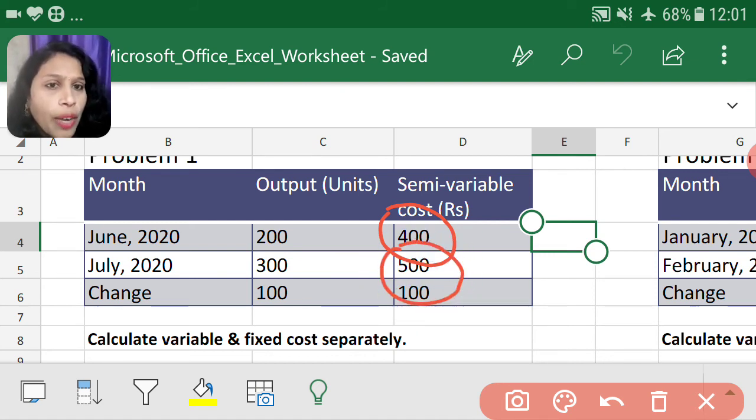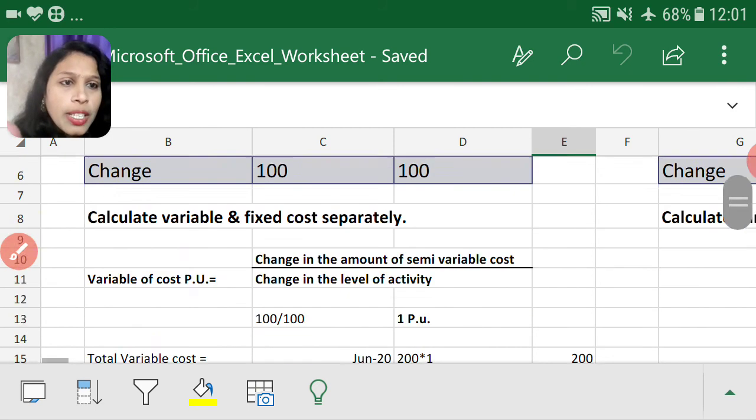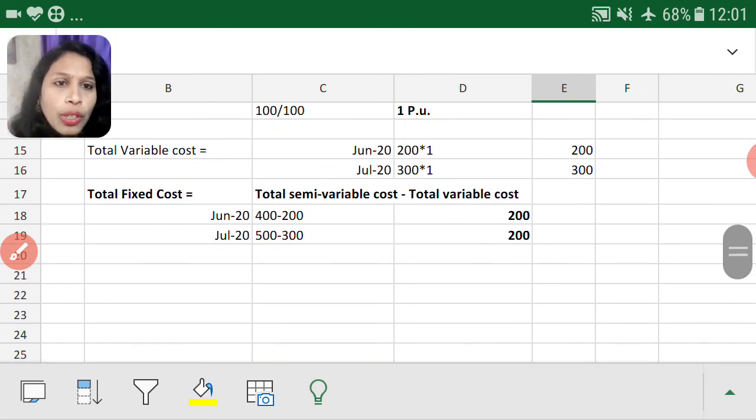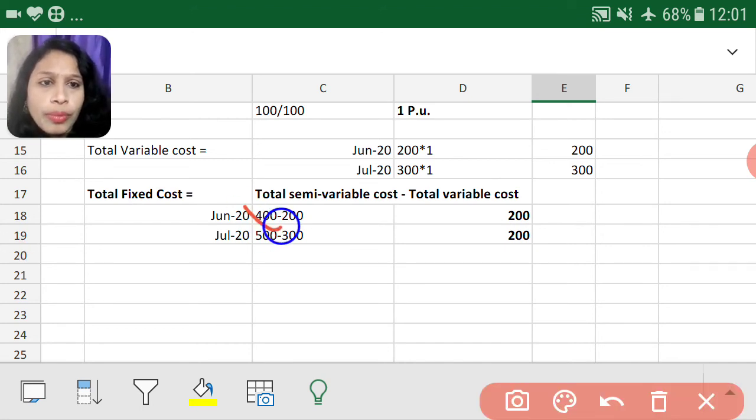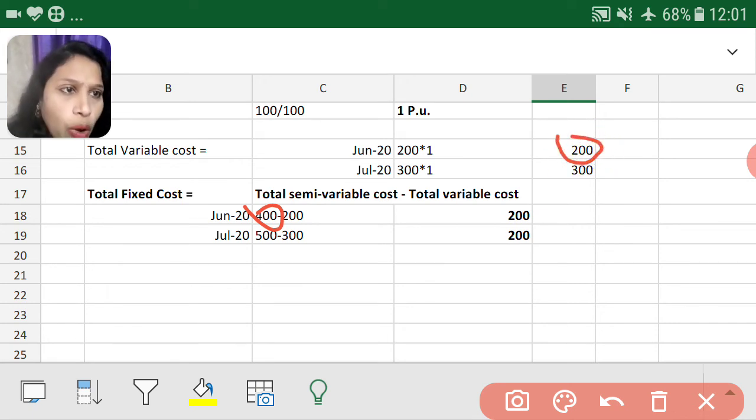So for the month of June, 400 is the value, and 200 is our variable cost. It means 400 minus 200 is equal to 200.